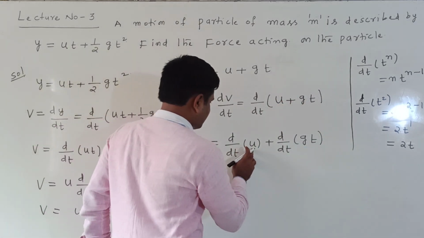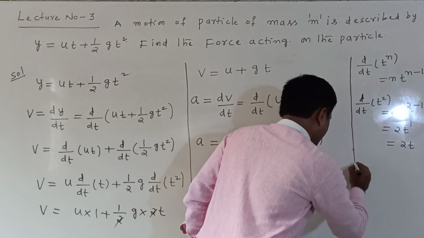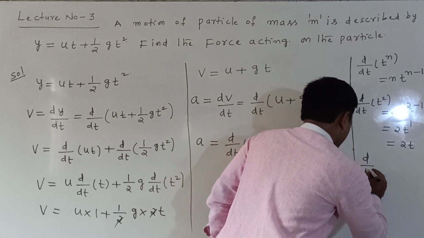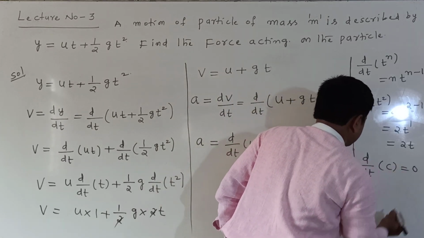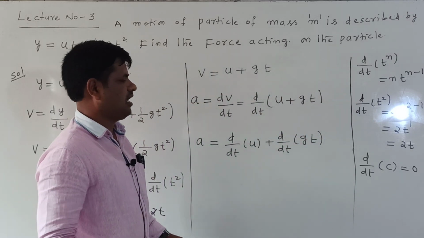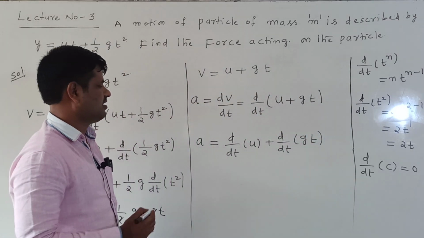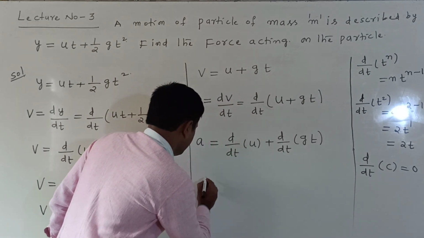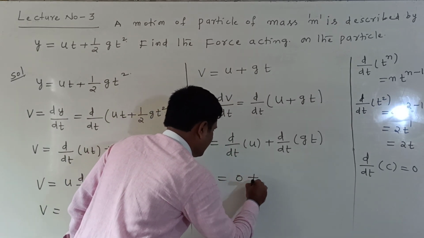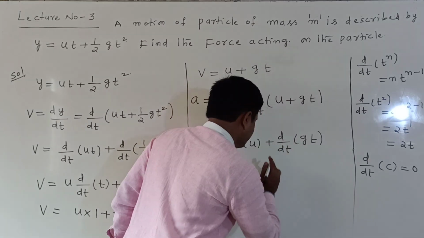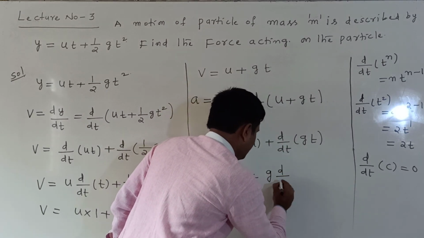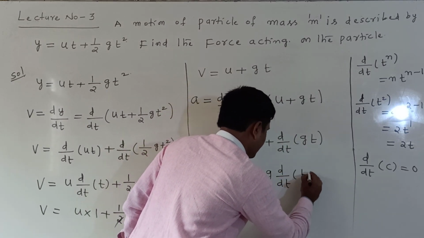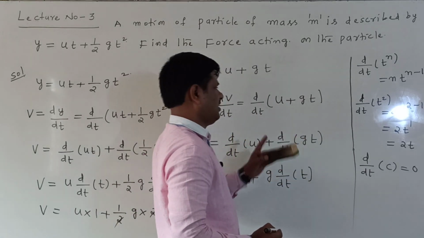Now u is a constant, and the differentiation of a constant is 0, with respect to t or with respect to x, anyone. U is the initial velocity, which is constant, so its differentiation is 0. Similarly, g is a constant, so taking it outside, the remaining is d by dt of t.